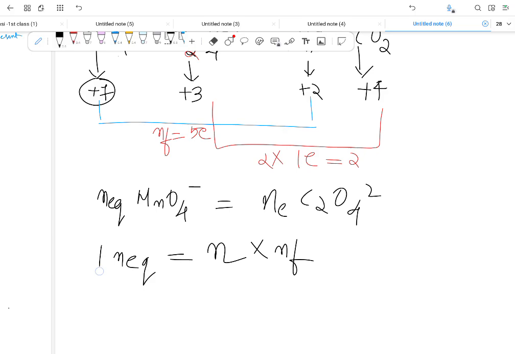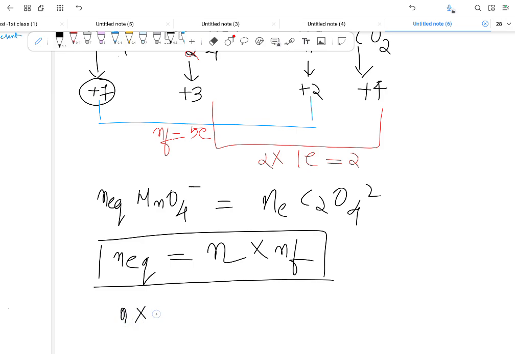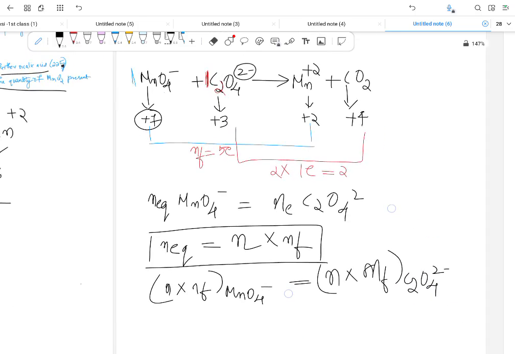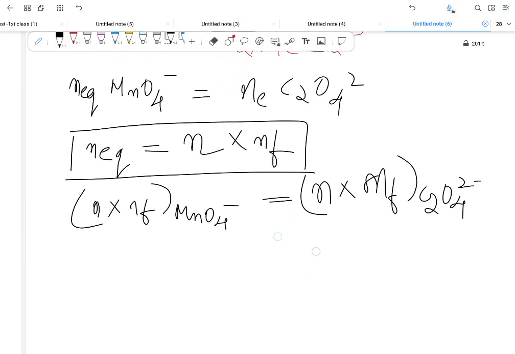So number of moles of MnO4 minus into its n factor will be equal to number of moles of C2O4 2 minus into its n factor. The number of moles of MnO4 we have to find, and the n factor is 5.